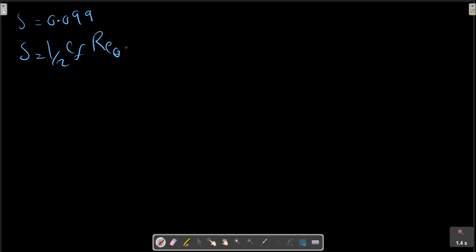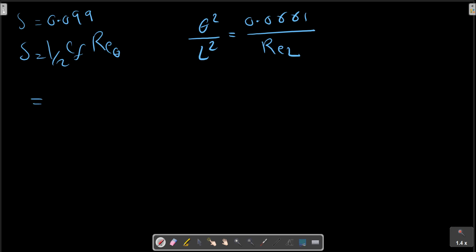We can compute Reynolds theta in terms of Reynolds L from the equation of theta squared on L squared times Reynolds L. So now we can calculate.